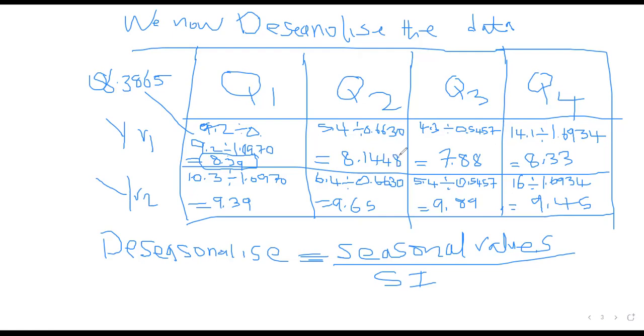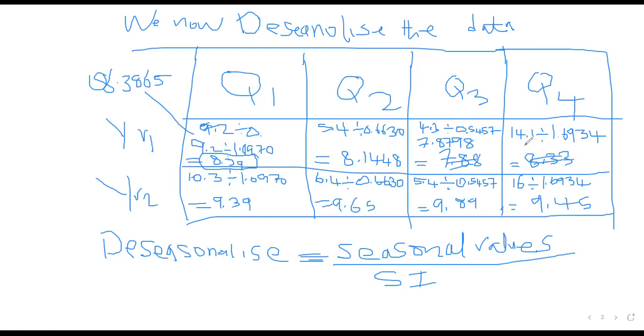Then this other one, 4.3 divided by 0.5457, so 7.8798. We go for 4 decimal places. Then the other one is 14.1 divided by 1.6934, 8.32. Okay, we just go for 4 decimal places.